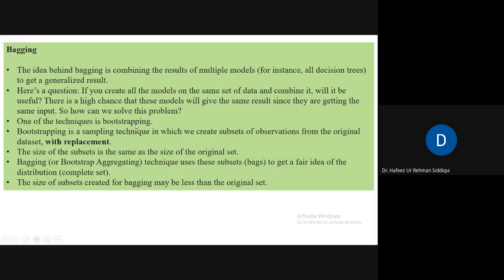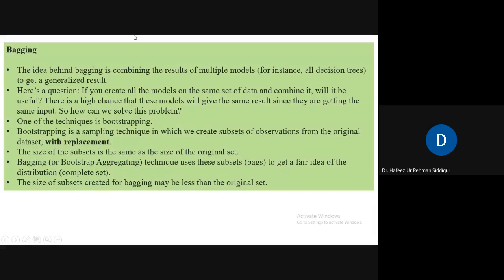One of the techniques is bootstrapping. That is a sampling technique in which we create subsets of observations. From your data set, you get subsets from the original data set with replacement.